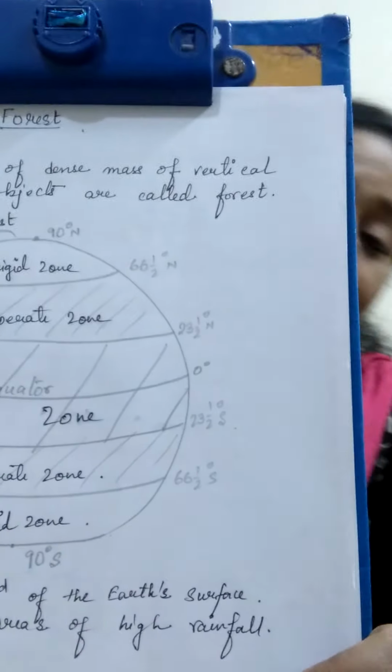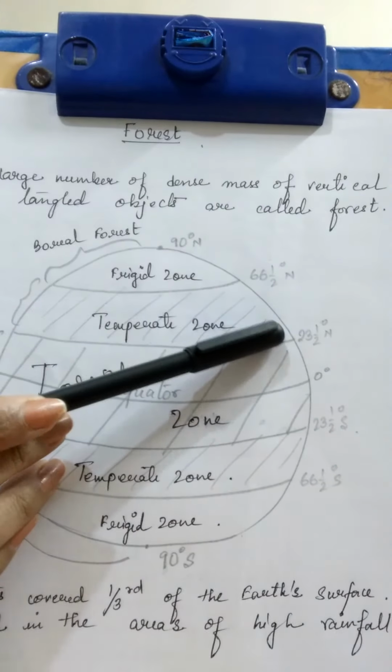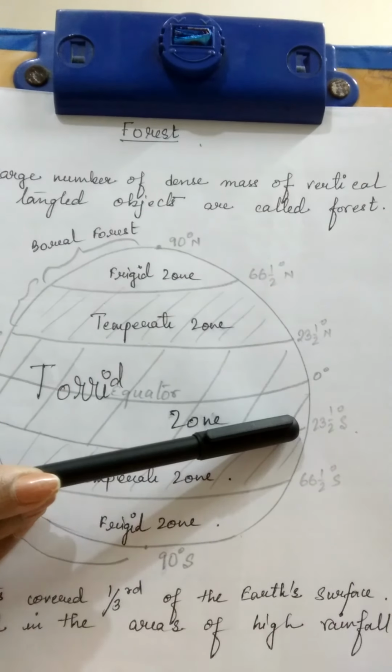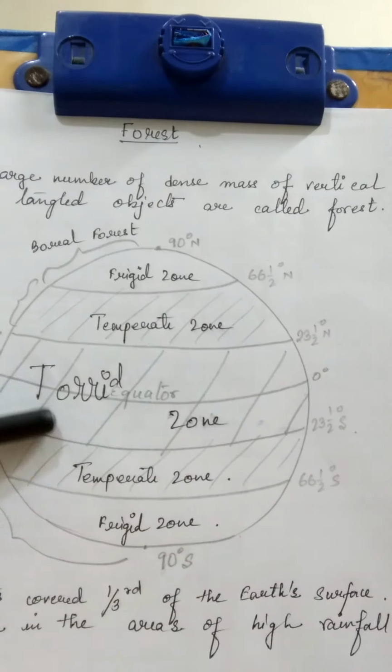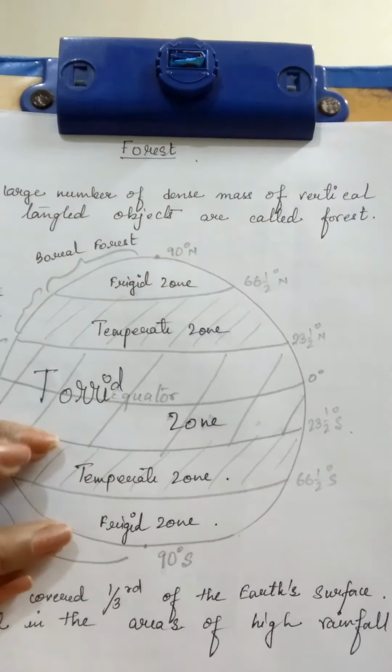They are found in Asia, Africa, South America. This is the hottest and wettest part of the earth. See, I have drawn here 23.5° north, 23.5° south. So in this part, the tropical forest lies. It covers Asia, Africa and South America, and it is the hottest and wettest.